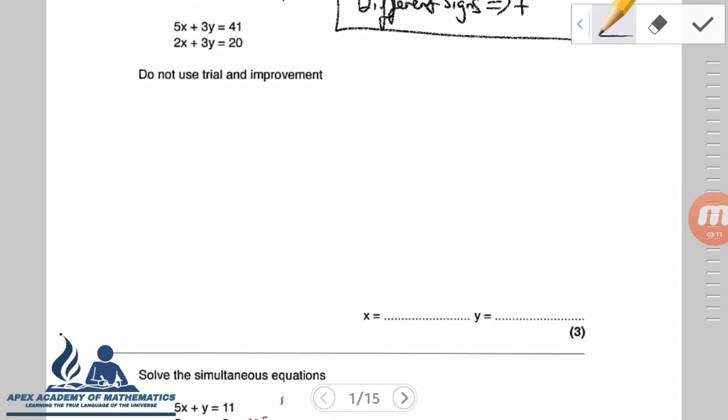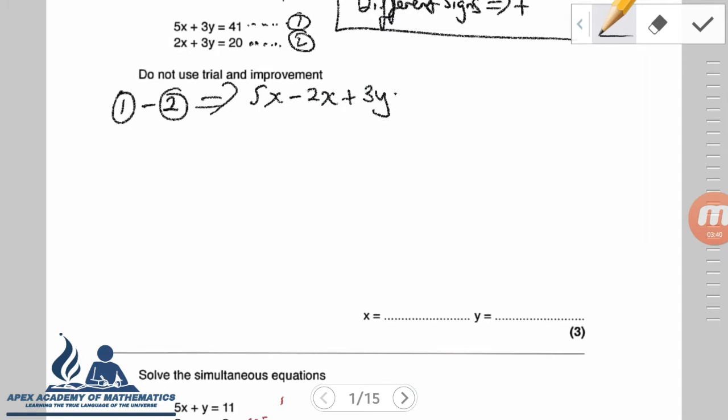First, we're going to name our equations as we have always been doing. Because I recognize that I do not need to create a third or a fourth equation, I can just go ahead and subtract equation 2 from equation 1, and that will imply that I will get 5x minus 2x plus 3y minus 3y equals 41 minus 20.